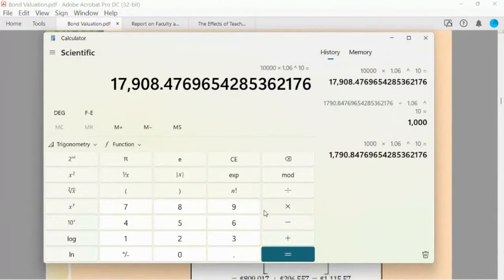Wait, how can it be 600? Anyone else? You don't even have to calculate this. This is the result of $10,000 compounded by 6%, 1.06 raised to 10, for 10 years. But if you discount it back to present by 6%, what should it be?